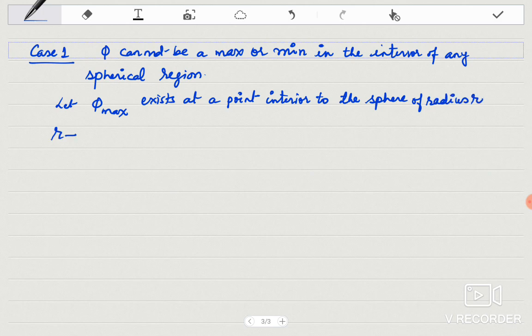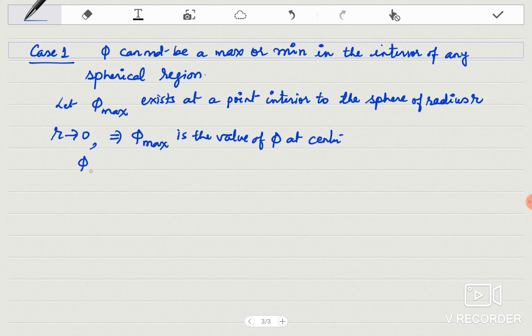Let r be very small, r tending to 0. Then this implies φ maximum is the value of φ at center.